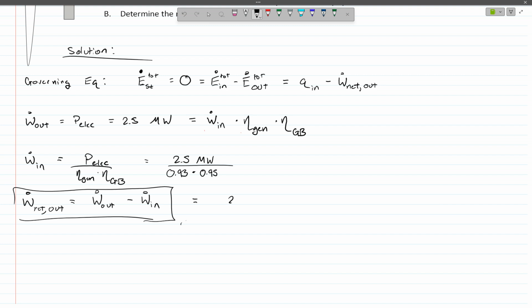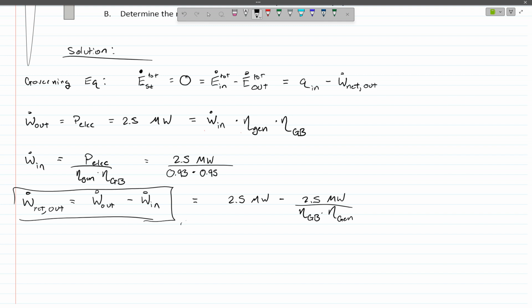So this is going to be our 2.5 megawatts minus our 2.5 megawatts over eta gearbox times eta gen. What this quantity gives us, we can see by inspection, is that as long as these are less than 1, and they both are, this value is going to be larger, and we're going to end up with a negative quantity.